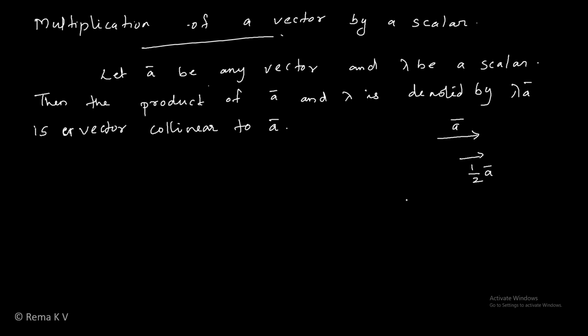Or we can consider another one, this is 2A, 2 vector A. Or another one, this is minus 2 vector A. All these are parallel to the same line. That means they are parallel to each other. So these are collinear vectors.